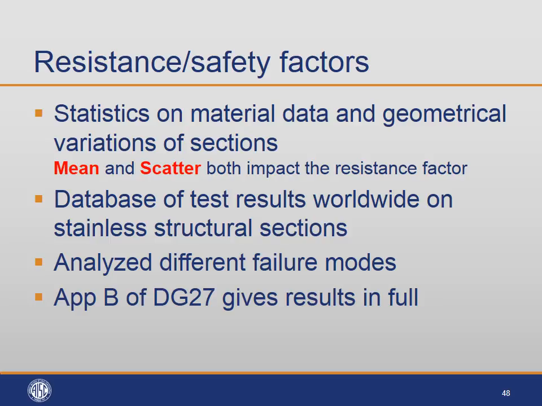In an ideal world you want a high mean and a low scatter. So we developed this database of the test results that had been carried out, and that enabled us to go through each failure mode in turn to derive the resistance factors. And that process is explained in full in Appendix B.